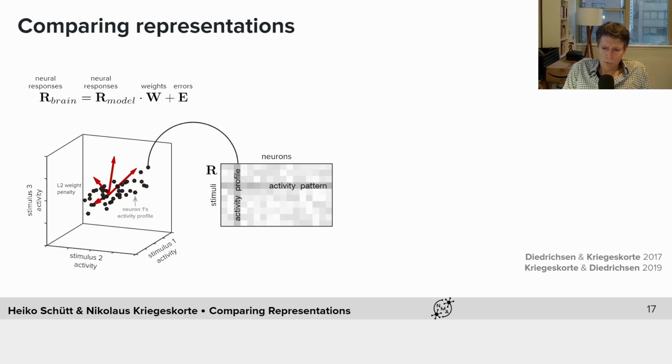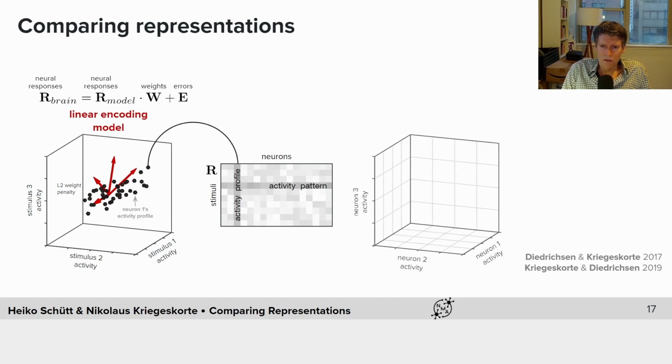So this is an ill-posed problem, and we need some kind of prior on the weights for this linear mapping problem. The most popular choice there is to put an L2 penalty on the weights, equivalent to a Gaussian isotropic prior on the weights. That's called ridge regression. So this is the approach of linear encoding models in a little more detail.